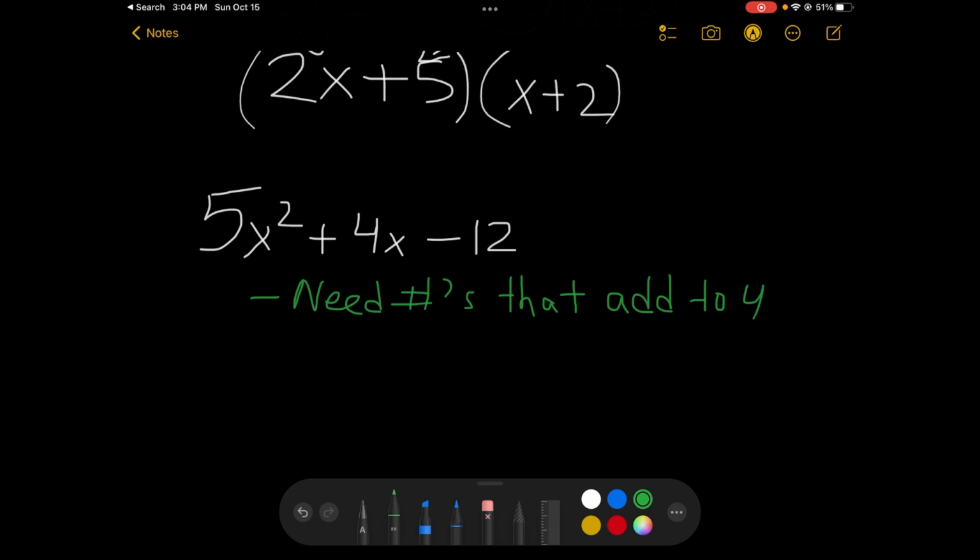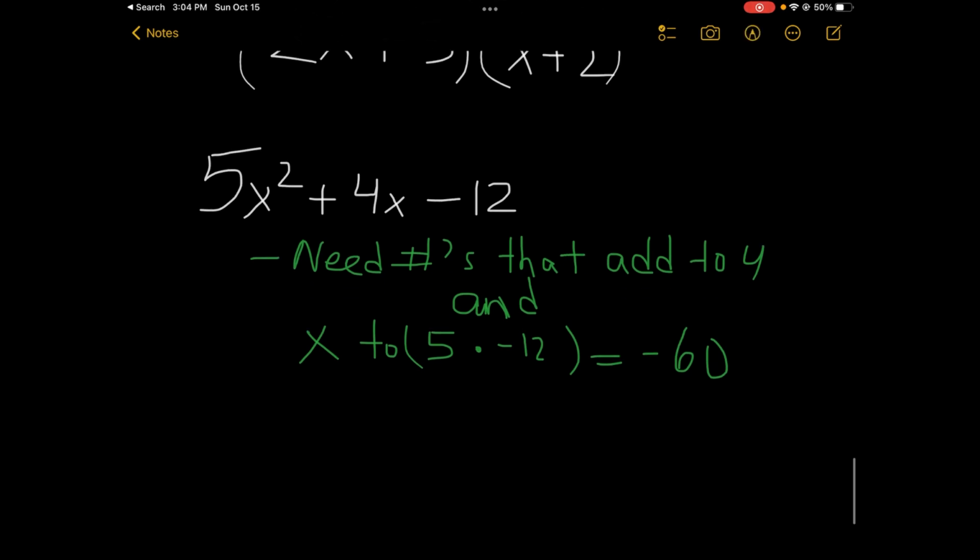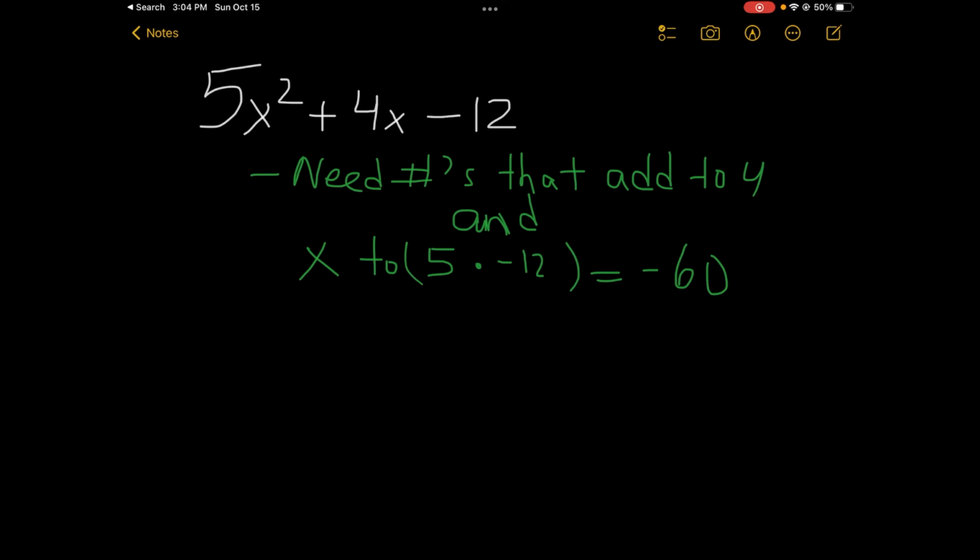Because that's our b value, and multiply to 5 times negative 12, which is negative 60. So what two values multiply to negative 60 but add to 4? Well, those values would be 10 and negative 6, right?